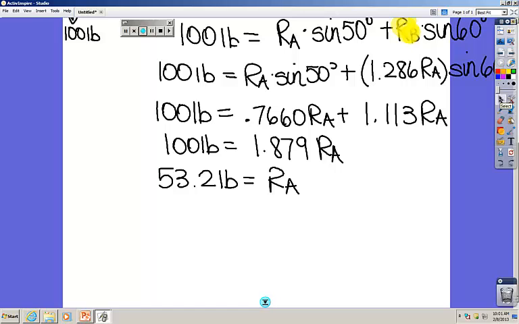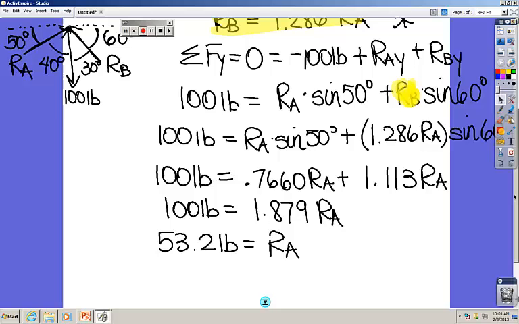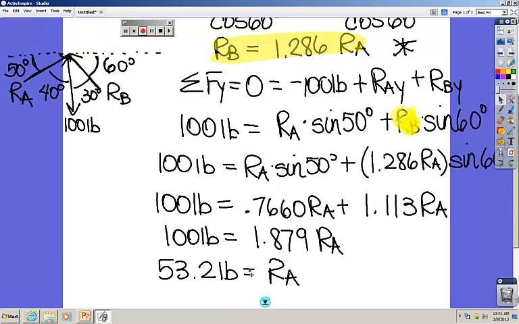So I'm going to go back to the equation I had for RB earlier and plug that RA in. It's the one I highlighted earlier: RB is equal to 1.286 RA.